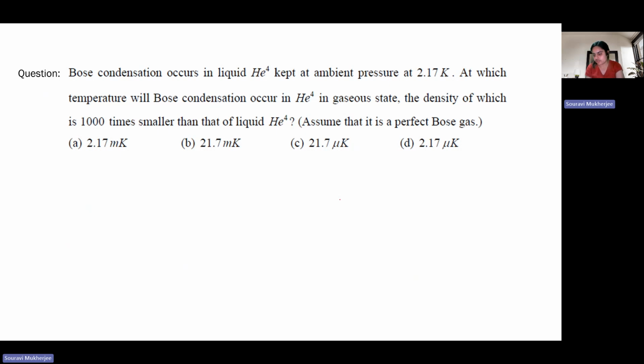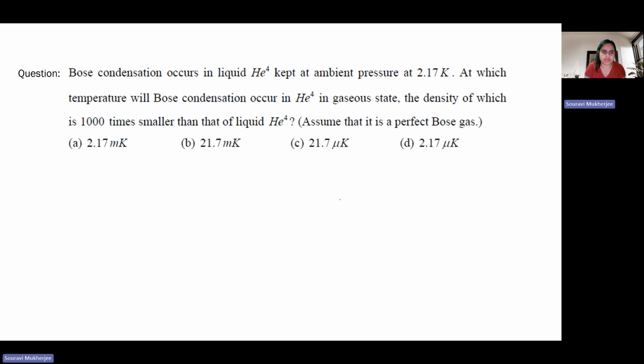That's the question. I'm giving you some time to think about what we have been discussing so far. You want to find the critical temperature, so you need to think about the different relations that relate critical temperature to different factors. It depends on whatever system you're talking about. Based on that, how does the critical temperature vary with the density, right?